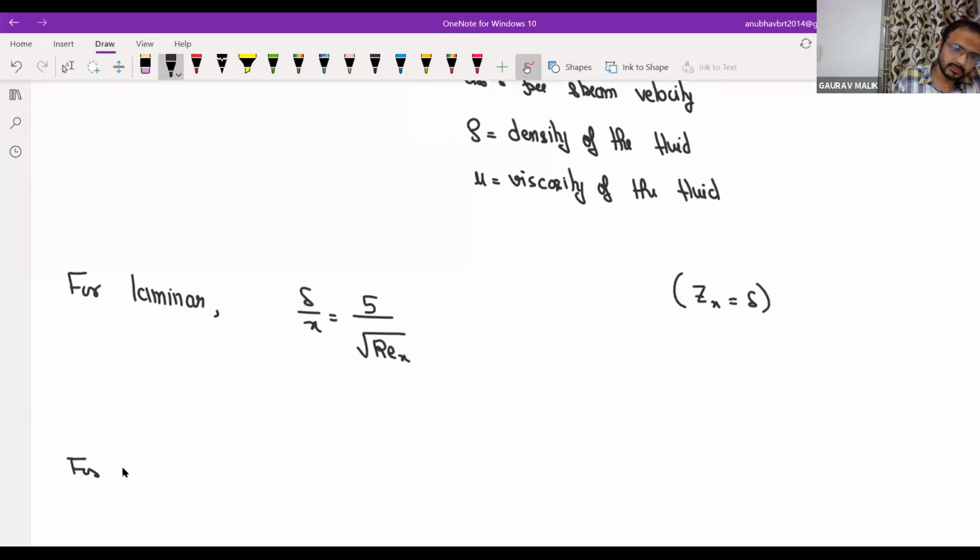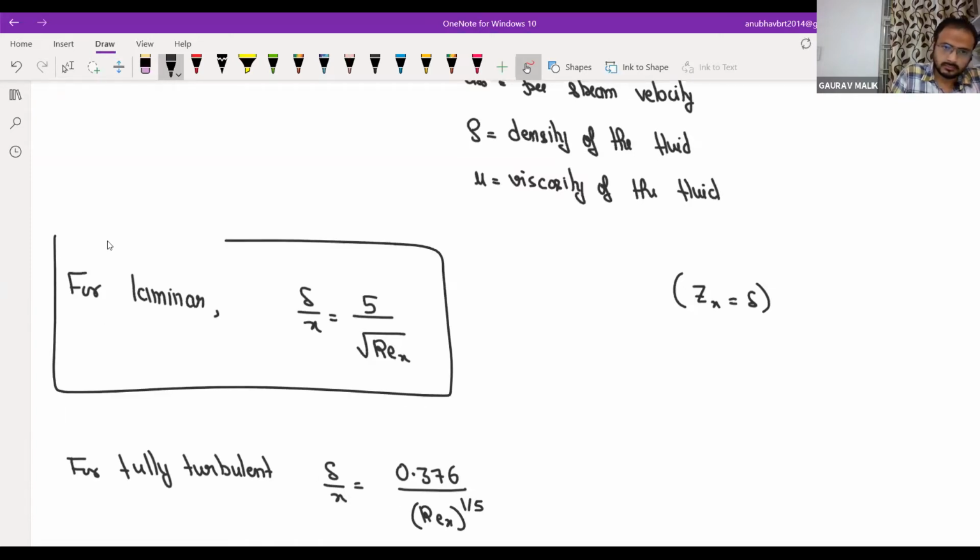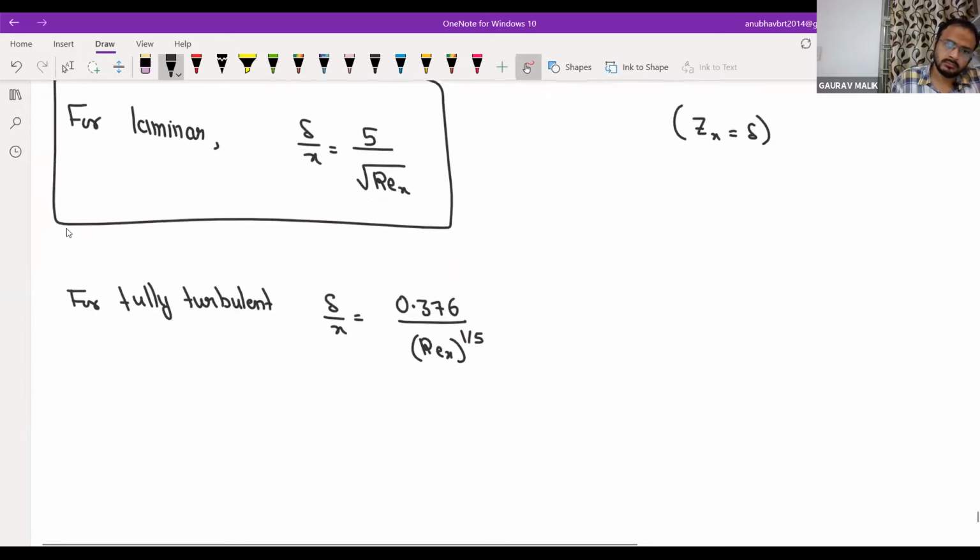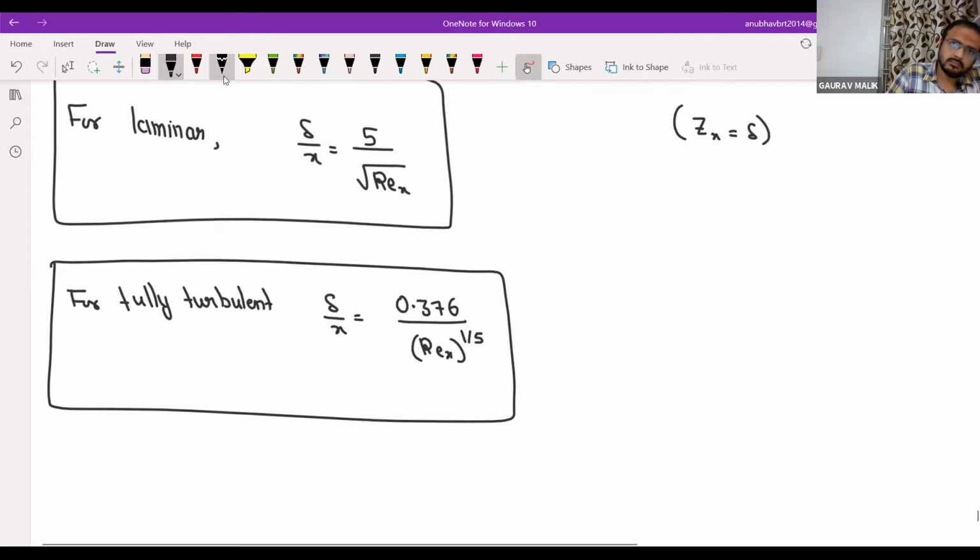And for fully turbulent, del by x is equal to 0.376 Reynolds to the power 1 by 5. They also ask this question in GATE 2-3 times.